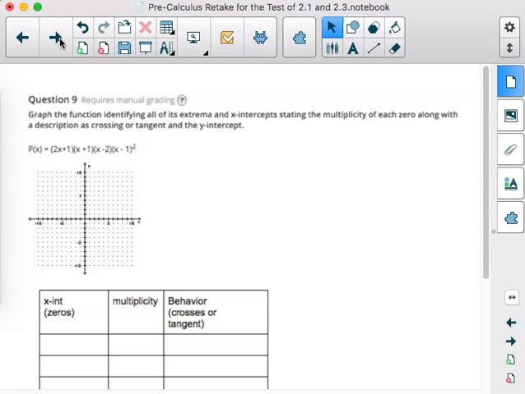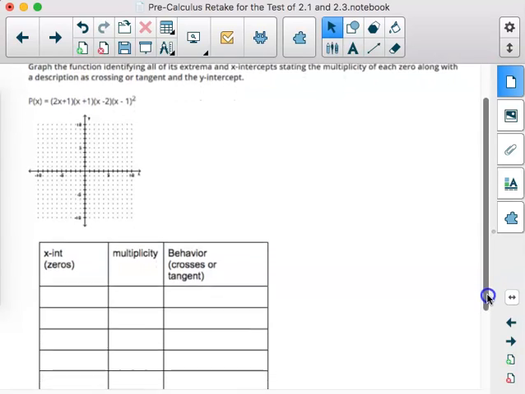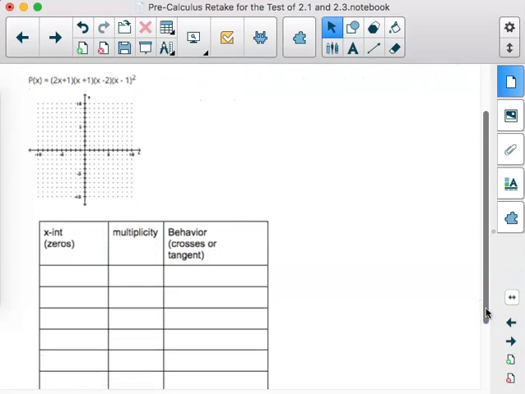So graph the function identifying all of its extrema and x-intercepts, stating the multiplicity of each zero along with the description as crossing or tangent, and then the y-intercept. Now, if I could see your y-intercept on your graph, then I didn't take points off for you not writing it down. But our x-intercepts all come from the zeros of what we see in the parentheses there.